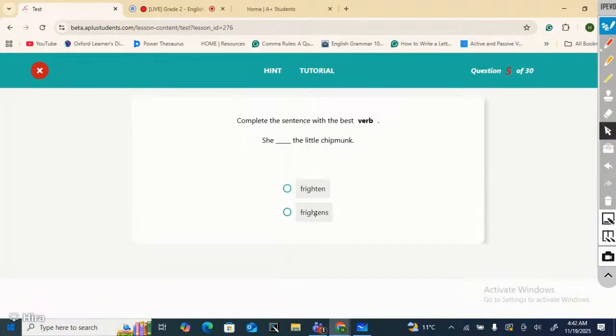She is a singular subject, so we'll choose a singular verb, and a singular verb ends in s or es. Frightens. She frightens the little chipmunk.